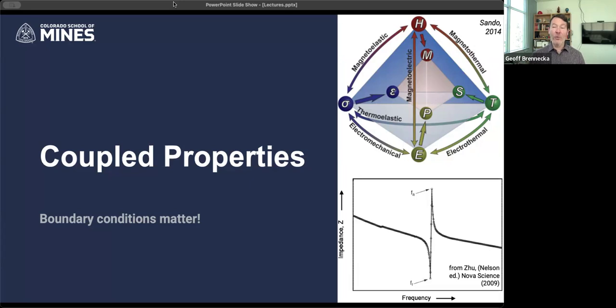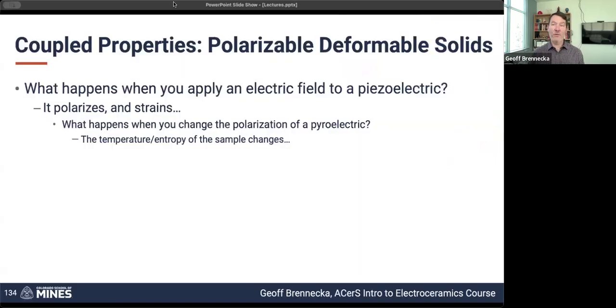Boundary conditions always matter. Sometimes those can come back to bite you if you don't think about them, and sometimes they can be very helpful. So we're going to jump into the beginnings of this and then we'll wrap it up next week. But I want to get into why this is the case and what it really means.